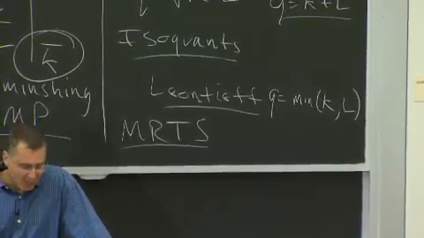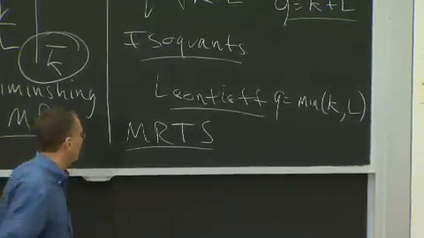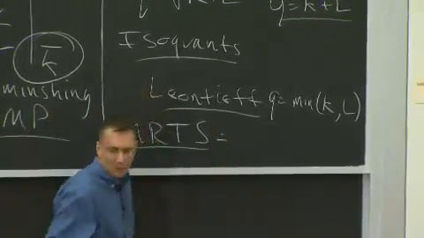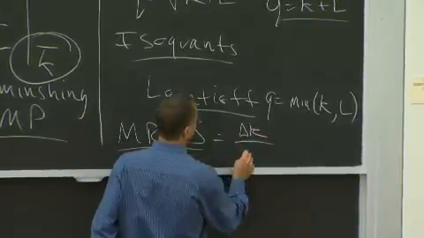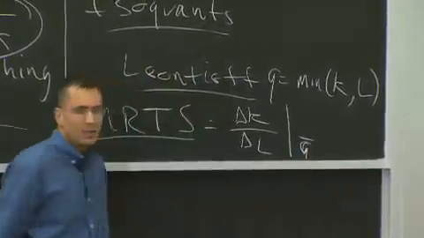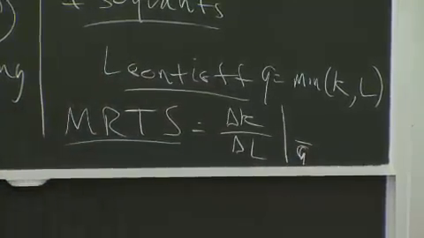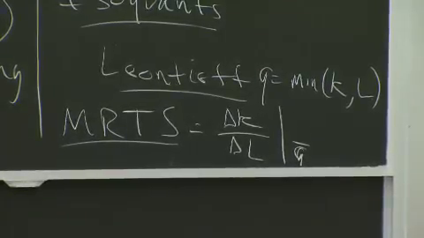We'll define it as delta K over delta L for a given Q bar, the rate at which you can trade off K for L to hold Q bar fixed.